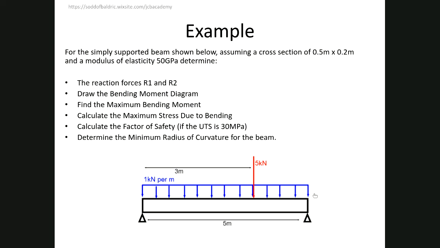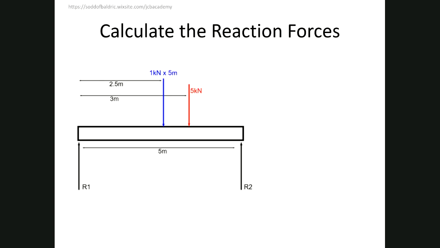So that will resolve to be a point force of 1 kilonewton times 5 meters, centered at 2.5 meters from both ends of the beam, because the UDL ran the whole length of the beam. So this, we can now work out what R1 and R2 are.